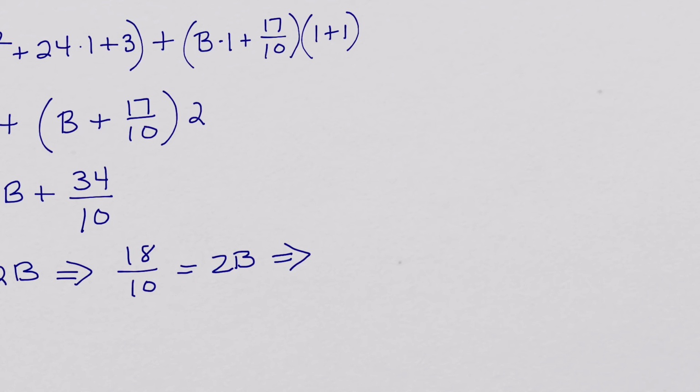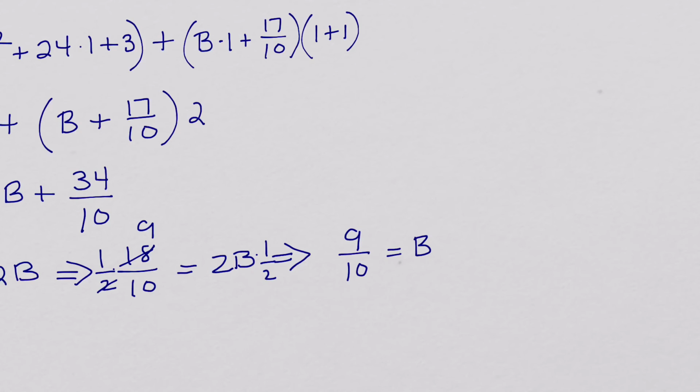All right, so 18 over 10 equals 2B. That means that I need to multiply both sides by a half. And the 2 goes into 18 9 times, so we get B is 9 over 10. We are not done yet.